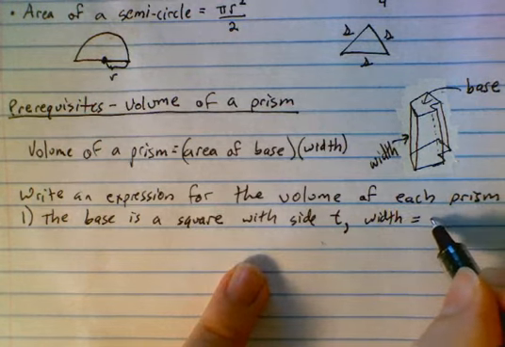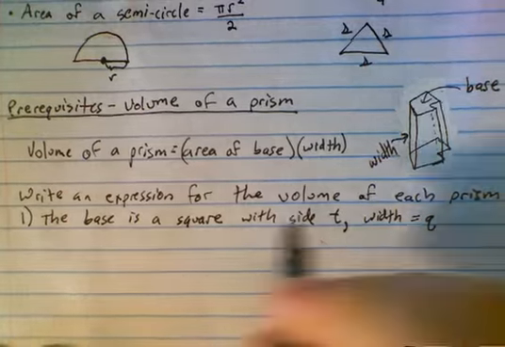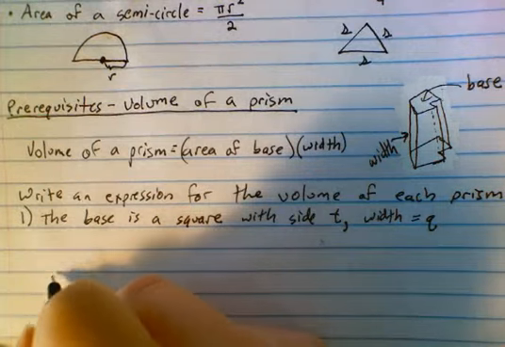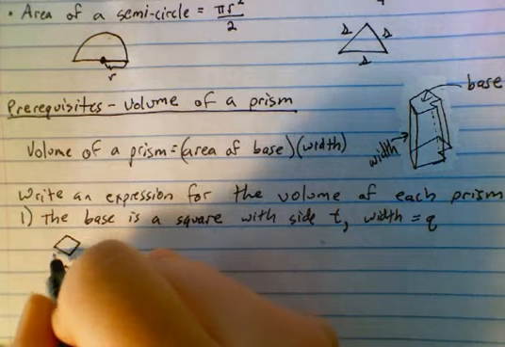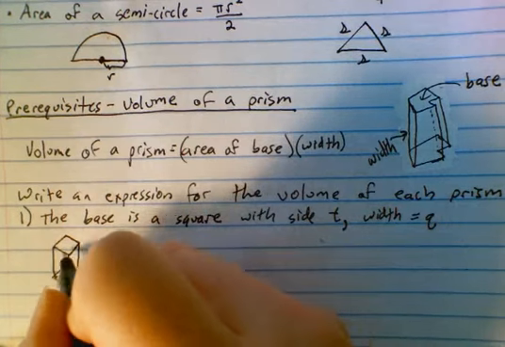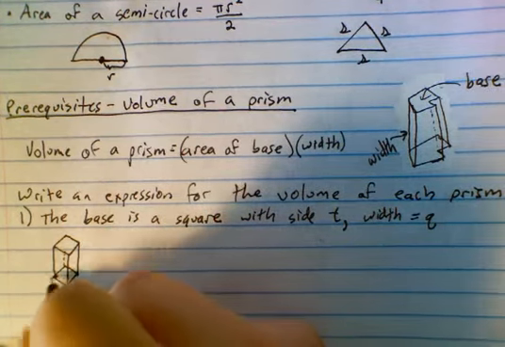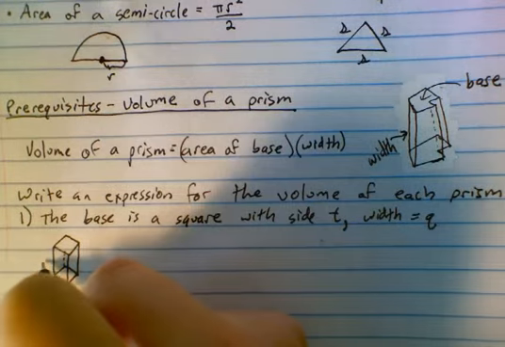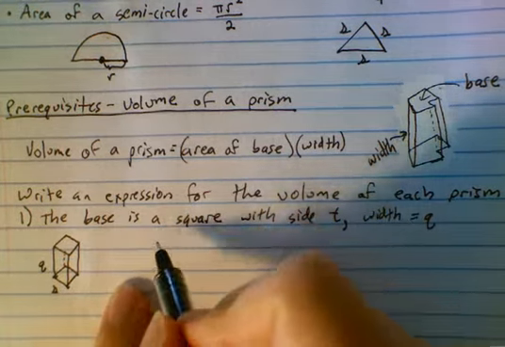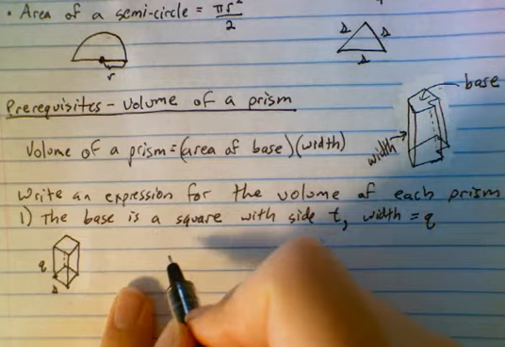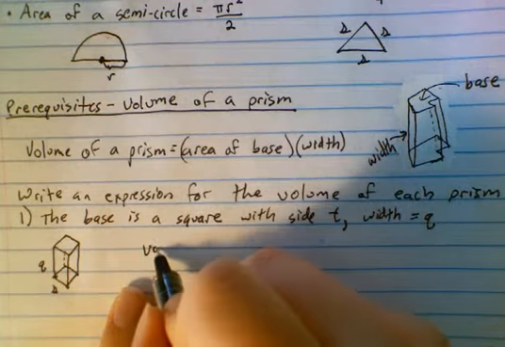let's label that Q. So if I'm going to draw that, that just means I have a square with side T there, width or height of Q. So the volume is just the area of the square times the width.